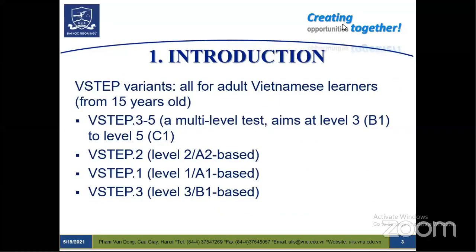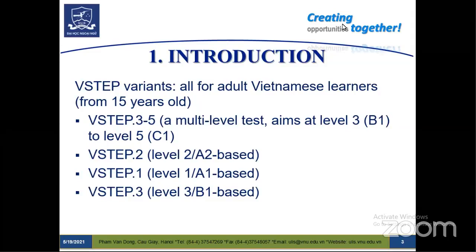So far, there have been 4 variants of VSTEP, and they are for adult Vietnamese learners from 15 years old. The first one, which can be considered the oldest child, is VSTEP 325. It is a multi-level test that aims at level 3, equivalent to B1, to level 5, equivalent to C1.